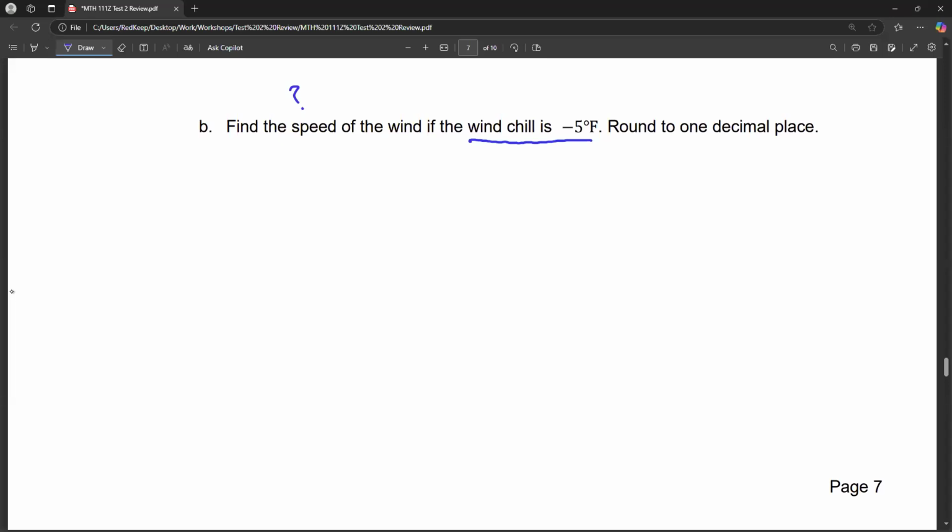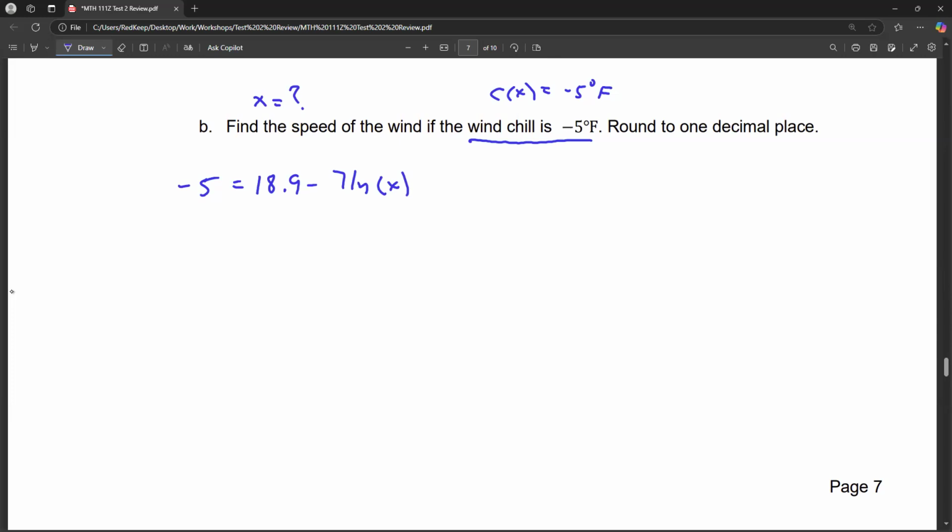We don't know what x is; that's the thing we're trying to solve for. But we know C of x is negative 5 degrees Fahrenheit. So let's plug that in: negative 5 equals 18.9 minus 7 times the natural log of x.